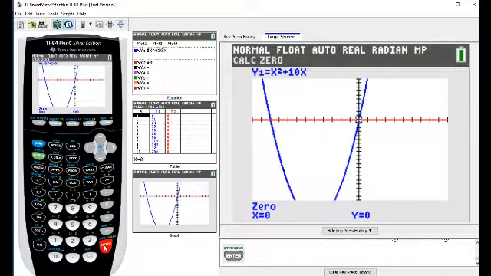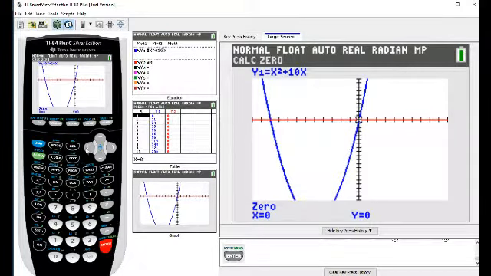And sure enough, the 0 is 0, 0. So when x is 0, the graph x squared plus 10x intersects the x-axis, which means x squared plus 10x is equal to 0 when x is equal to 0.